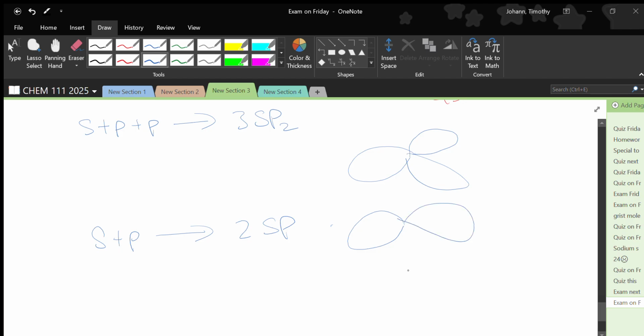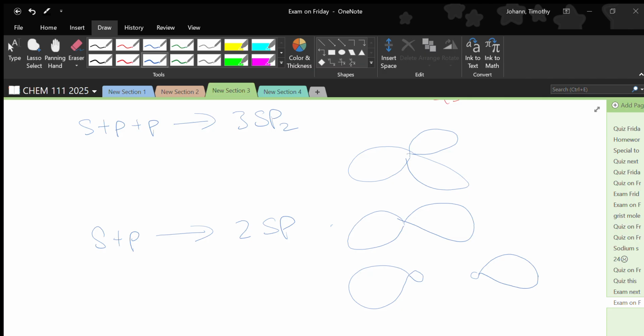My actual sp orbitals look like this. And you put the two together and you get the linear set of orbitals. You can make linear molecules in organic chemistry with that. Questions?